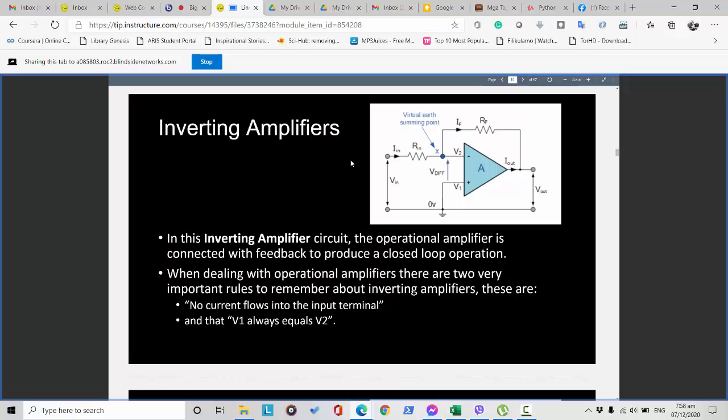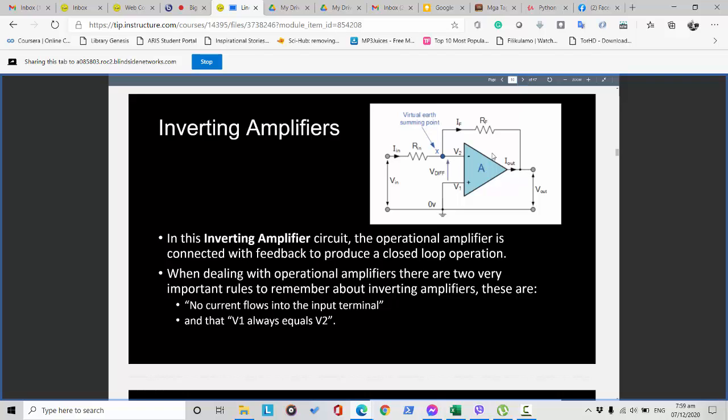This amplifier circuit, which is inverting, is connected with feedback to produce a closed loop operation. This is different from the non-inverting amplifier. You can see here the inverting input, which is V2 in this illustration, is connected to the output voltage.